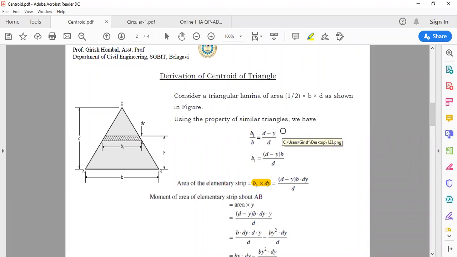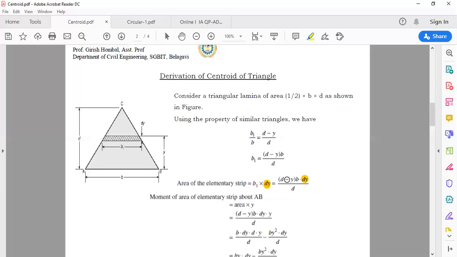The same thing I'm going to substitute here. In place of B1, I'll write D minus Y into B divided by D, and dy as it is. So this dy and this dy are the same, whereas this B1 is nothing but D minus Y into B by D.